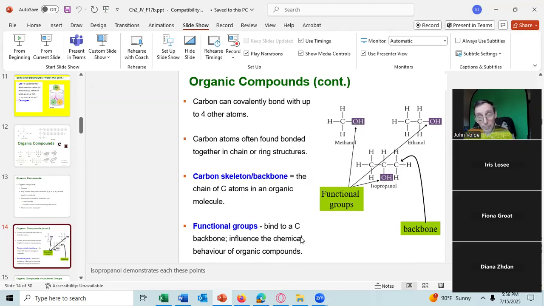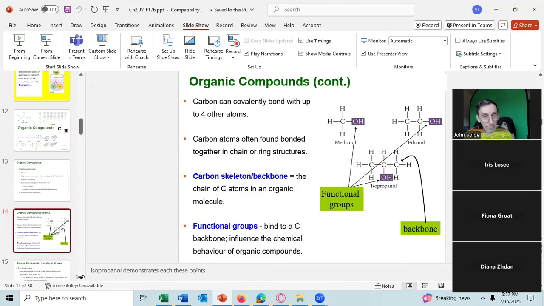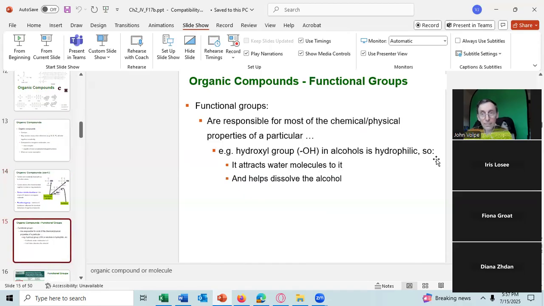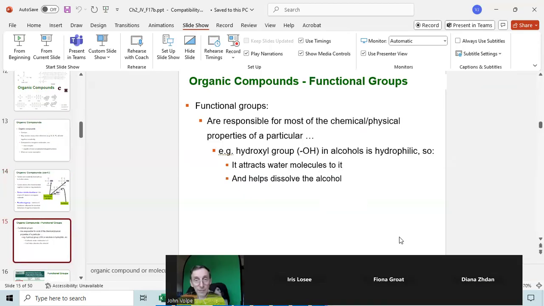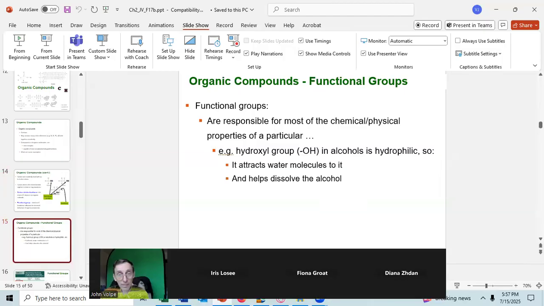Functional groups are important in organic chemical compounds because they can influence the behavior of the molecule and give the molecule new properties. So functional groups are responsible for most of the chemical and physical properties of a particular organic chemical compound, like a carbohydrate.